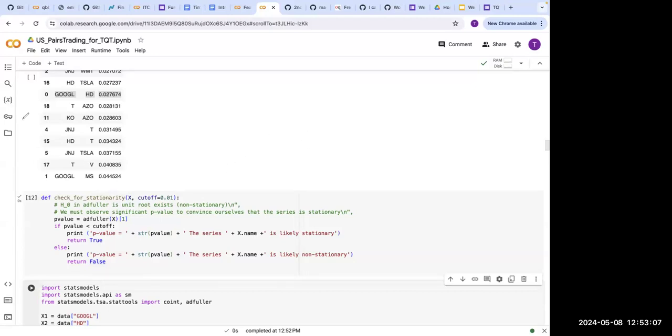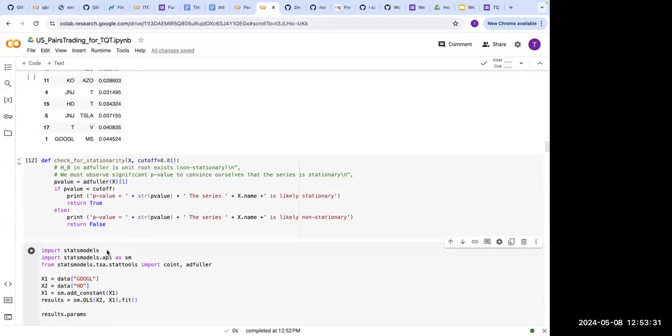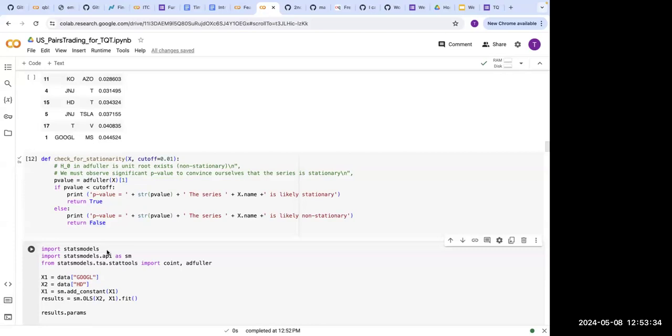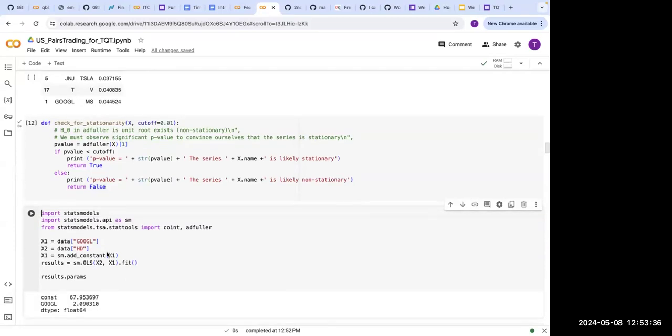Stationarity means what I explained before, right? Your spread is almost remaining constant, not moving beyond the expected values. So the p-value does help us do that. You can read more about stationarity just by googling. It's more of an econometrics term, but here we are just using it as a check.